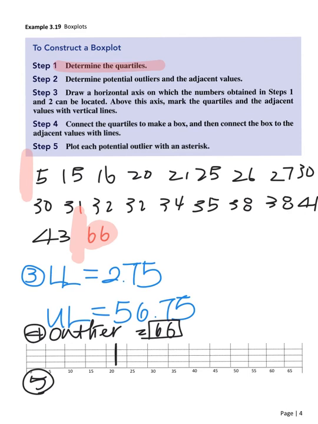Median, second quartile. How much was the median, second quartile? 30.5. Third one. Say again? 36.5.